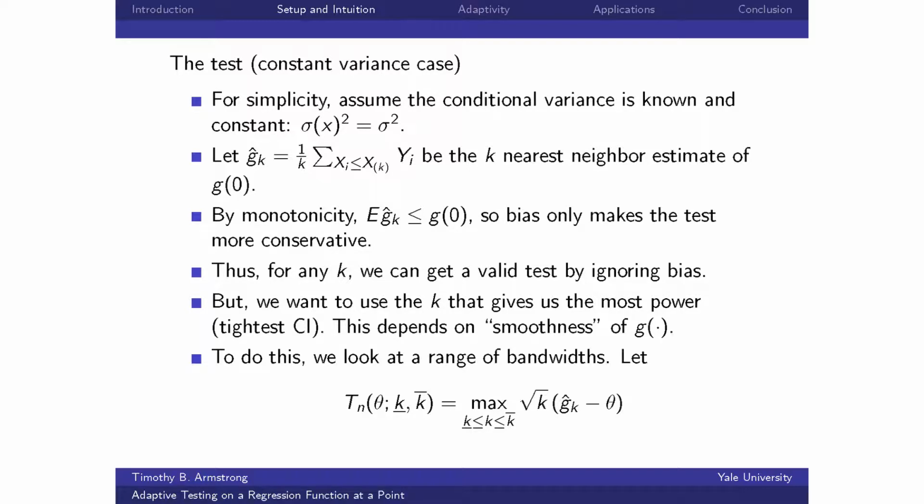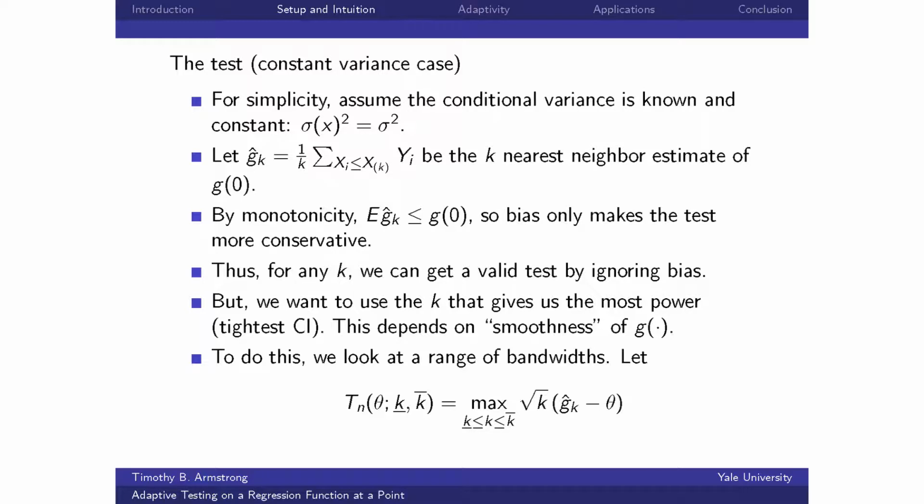We're just ordering the x's. This x parentheses k is just the kth smallest value of the ordered x's, and we take the sample average of the y's for the x's that are less than or equal to that. So that's an estimator for a given k.